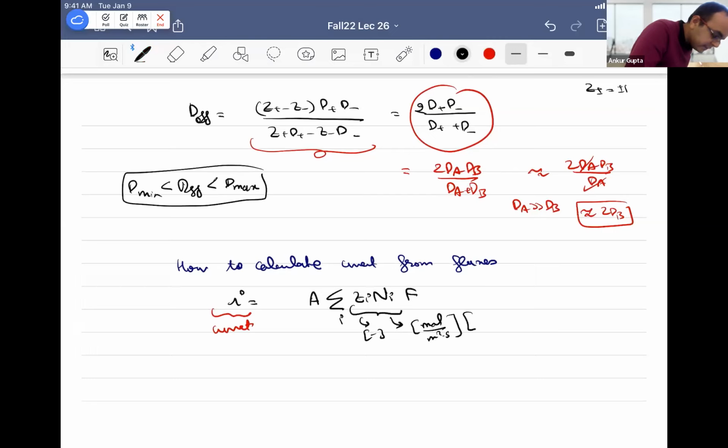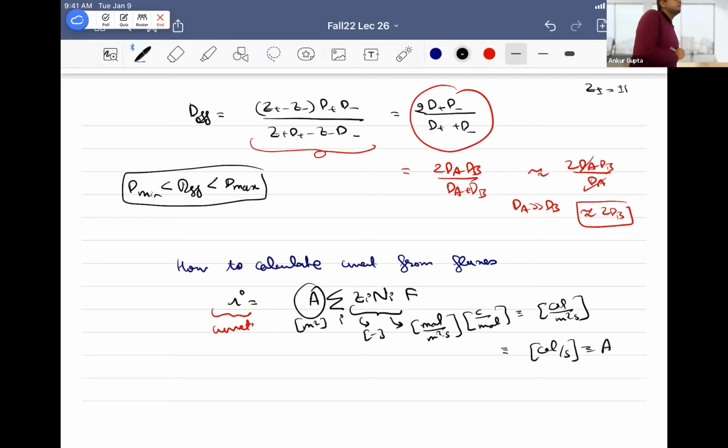And F is coulomb per mole. So you get coulomb per meter squared second. And then there is an area which is meter squared. So you get coulomb per second, and coulomb per second is amperes, which is the current. Okay, so all you're doing is, flux is the species transfer per unit area. You're multiplying that by the charge. That's all you're doing. And that's why you get current.